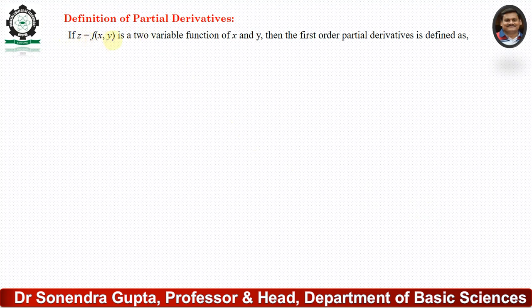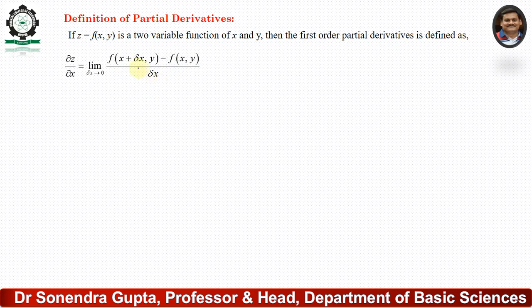If z equal to f of x y is a two variable function of x and y, then the first order partial derivative is defined similarly to the first principle formula of the one variable function. The formula is del z upon del x equals limit del x tends to 0 of f of x plus del x, y minus f of x y, upon del x. Now what is the difference between the first principle derivative of the one variable and the two variable function?